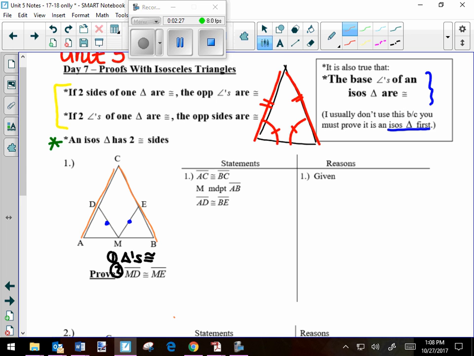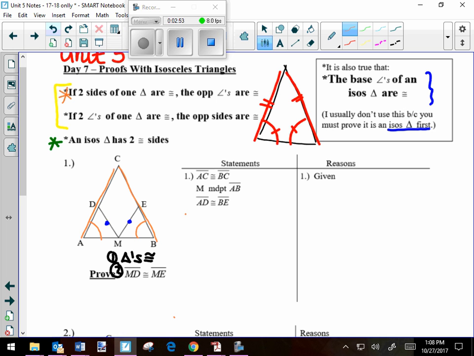The little left triangle only has a segment that goes from A to D and a segment that goes from E to B that would be making up those sides. So they did not give me those orange sides congruent because they are sides of the triangle. They gave me those orange sides congruent because I'm supposed to use the rule up here that says if two sides of a triangle are congruent, the opposite angles are congruent.